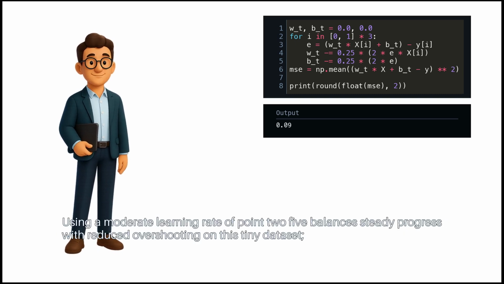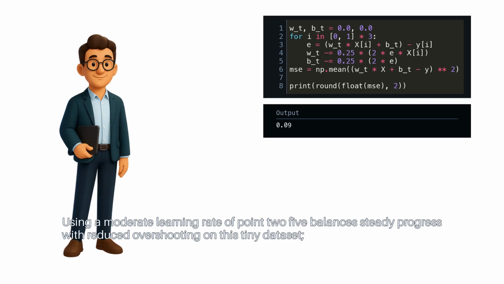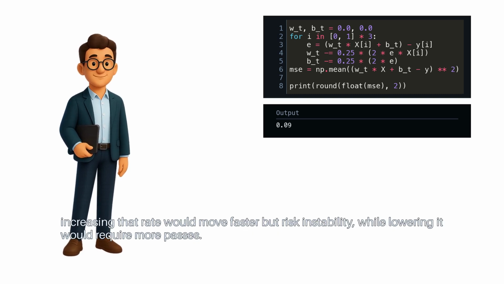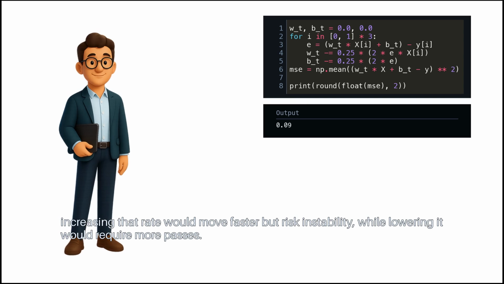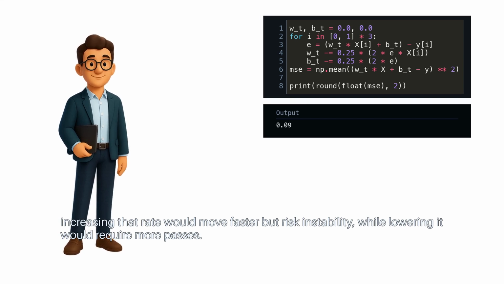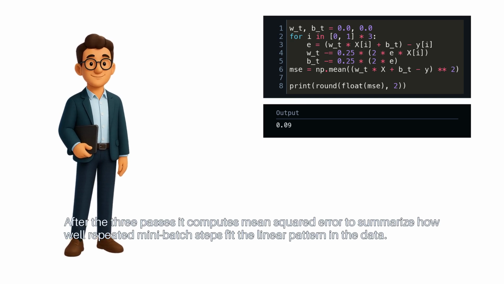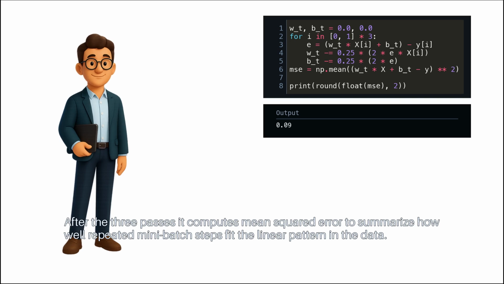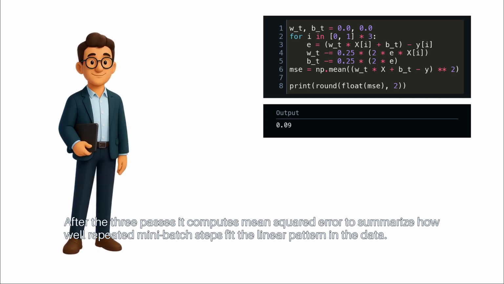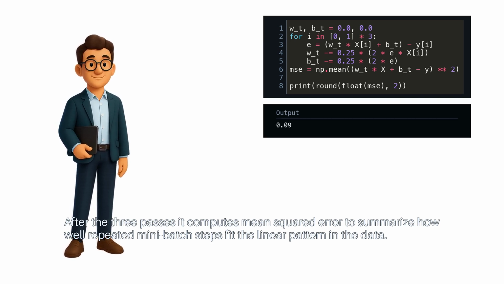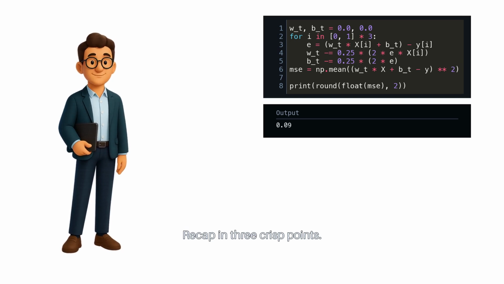Using a moderate learning rate of 0.25 balances steady progress with reduced overshooting on this tiny dataset. Increasing that rate would move faster but risk instability, while lowering it would require more passes. After the 3 passes, it computes mean squared error to summarize how well repeated mini-batch steps fit the linear pattern in the data.